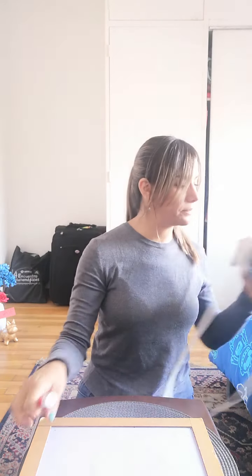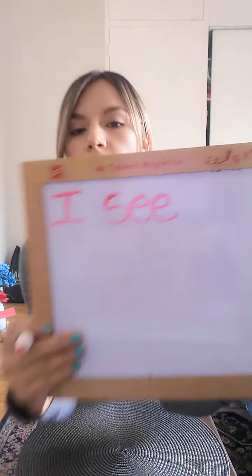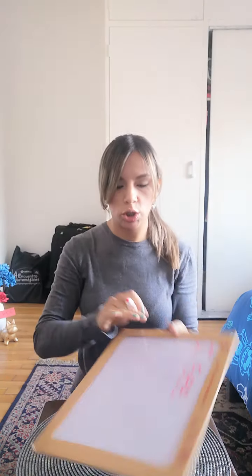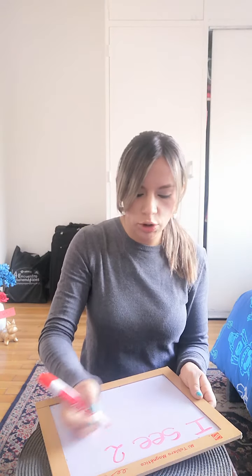And if I'm thinking about my bears, I'm going to be using the same structure for all my sentences. So let's see. I'm going to write my first sentence that will be, I see, look, I see how many bears? 2 bears.